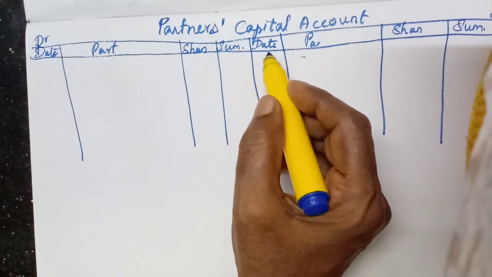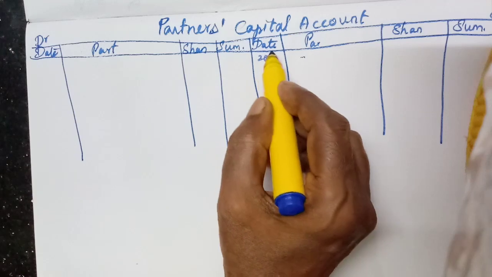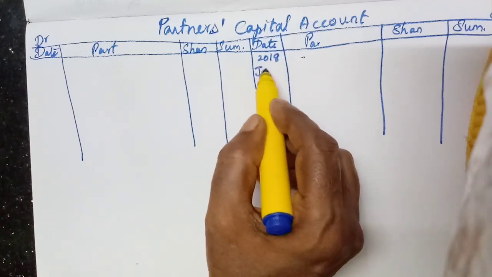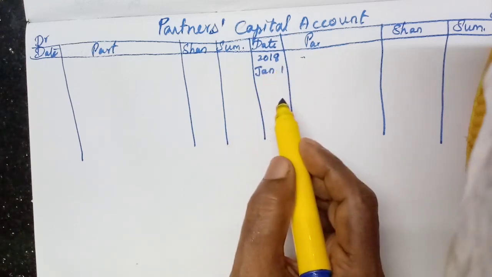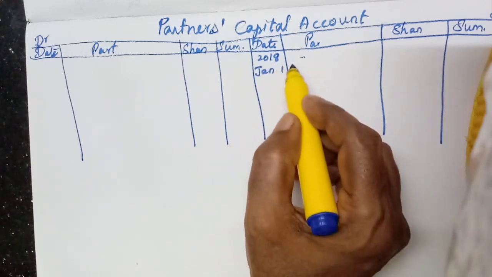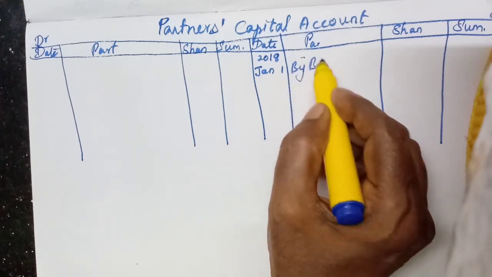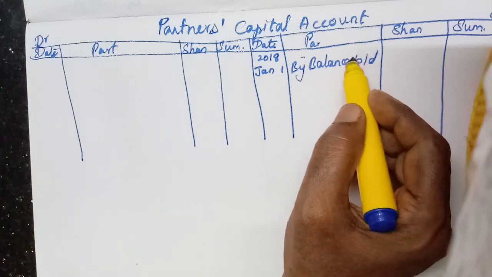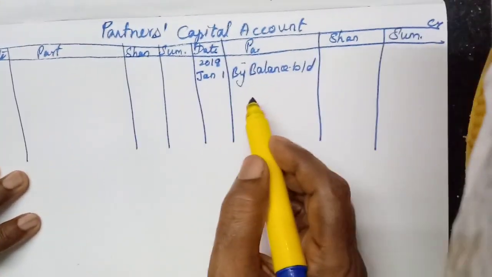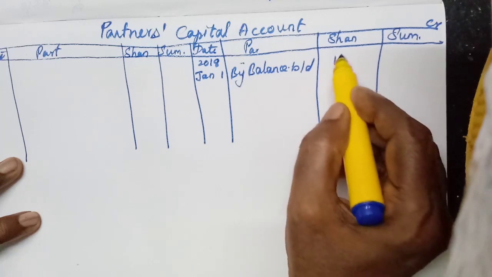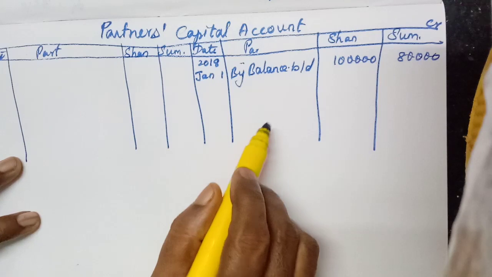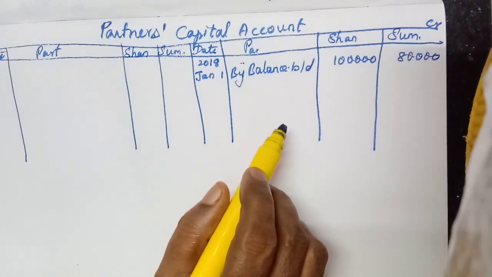Here we have to write January 1st, by balance brought down, 1,80,000. Then the next item given, current account, we may not take here.